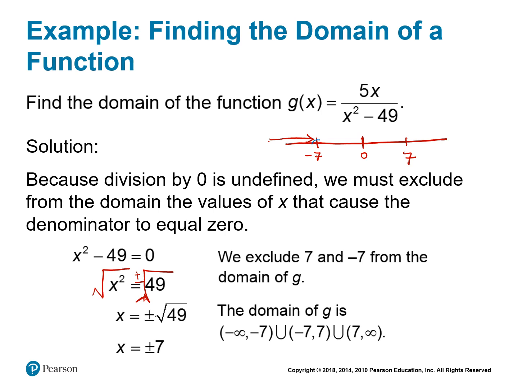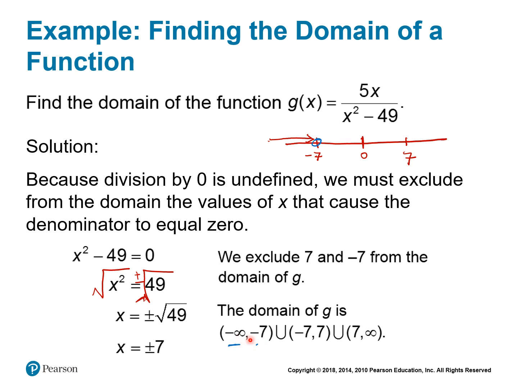It cannot be exactly negative 7, but from the left hand side you can pick any value starting from negative infinity all the way to negative 7, and this round bracket on the right hand side of negative 7 says that negative 7 is excluded. Do not put a square bracket. Make sure you're putting a round bracket, because round bracket suggests exclusion.